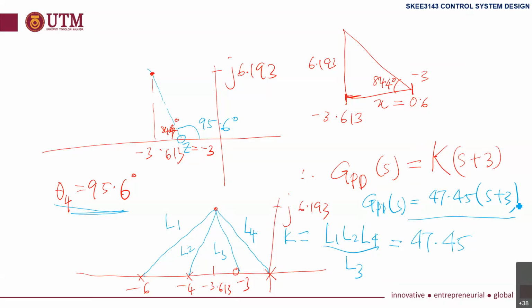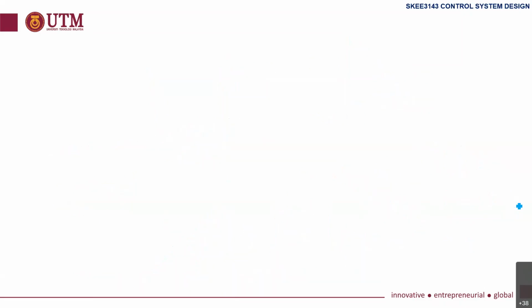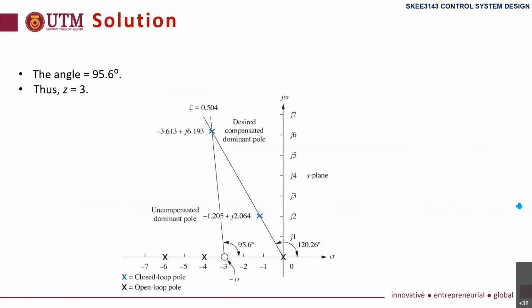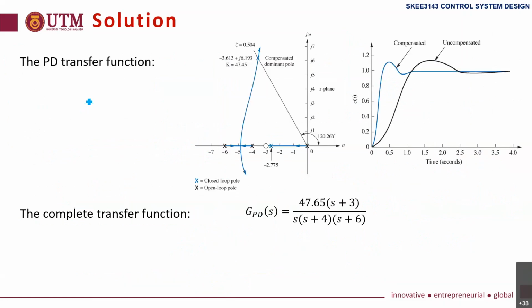So we have to obtain the transfer function up to here. Of course, the most important one is to find the location of Z. Z equal to 3 is shown here also; I've shown it in the calculation just now.